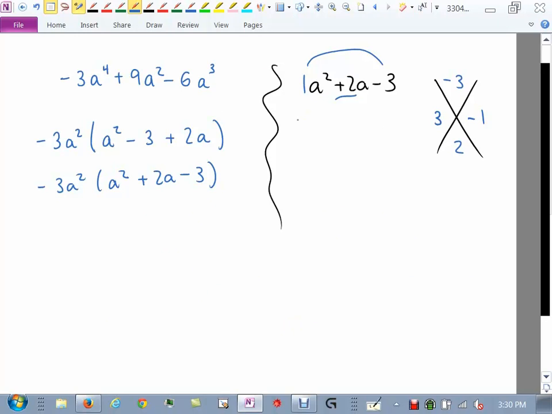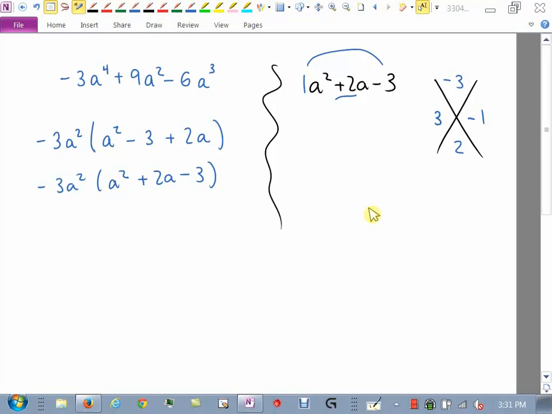So then what I do is I rewrite the problem. Okay. So what stays the same here? What do I not change? The outsides, right? So the a squared stays the same, the -3 stays the same. The inside, the 2a, rewrite it as what? Plus 3a, that's using that 3 over there, and then minus 1a. So I just used the 3 and the -1 from there.